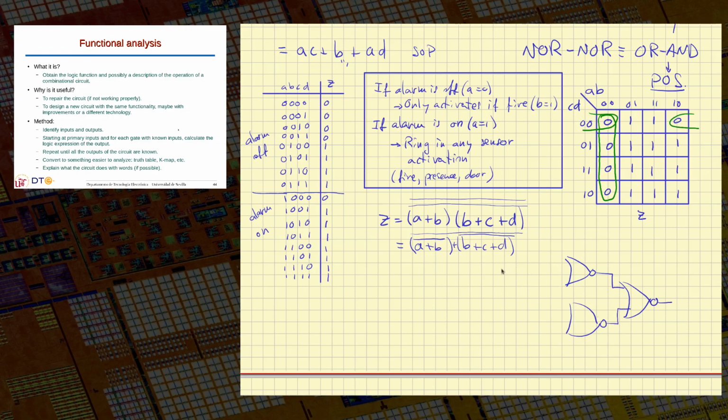The first term is A or B. The next term is B or C or D. And this is it.